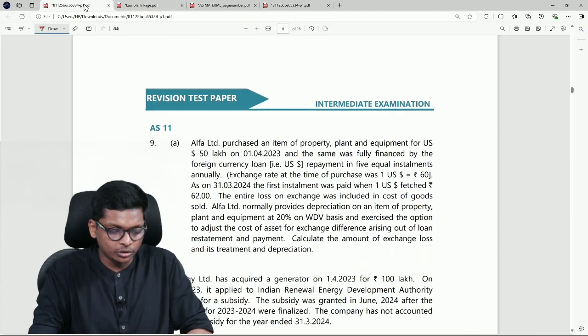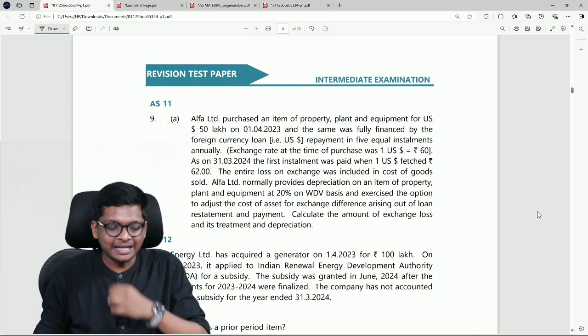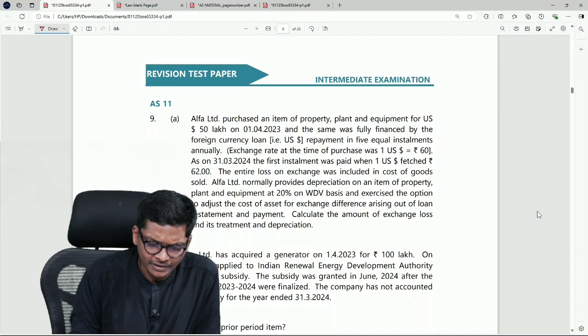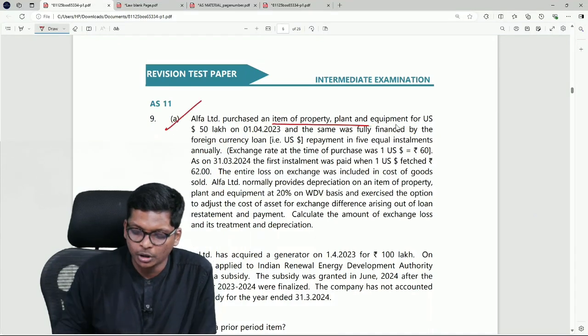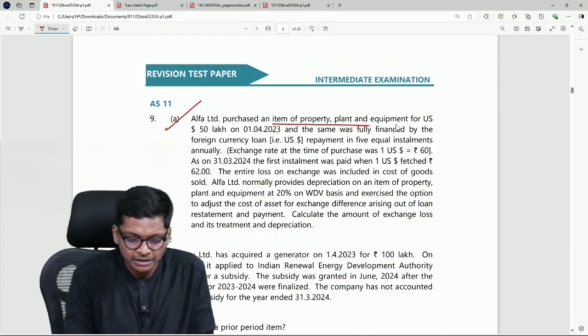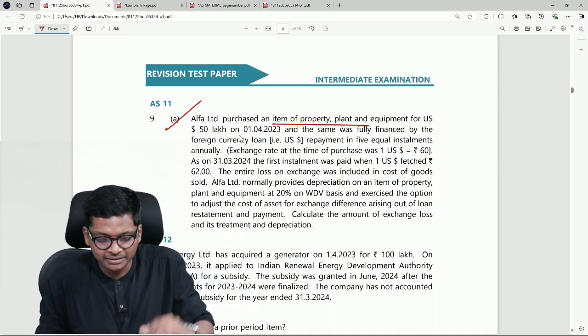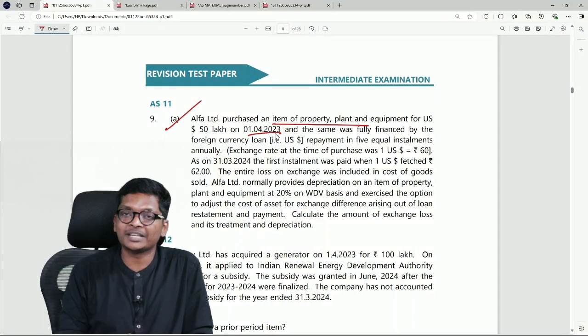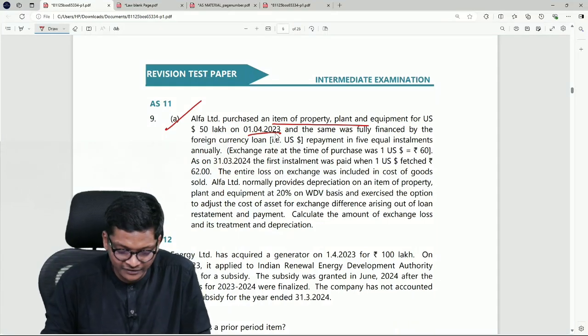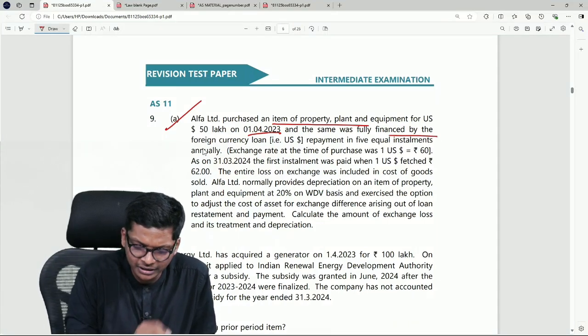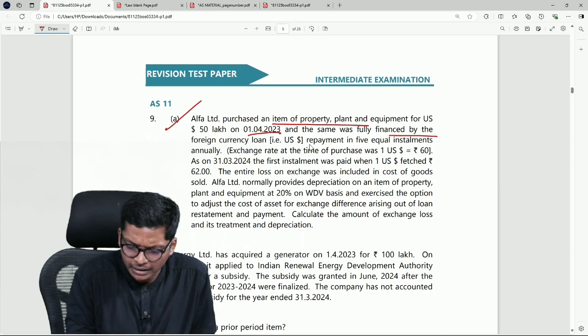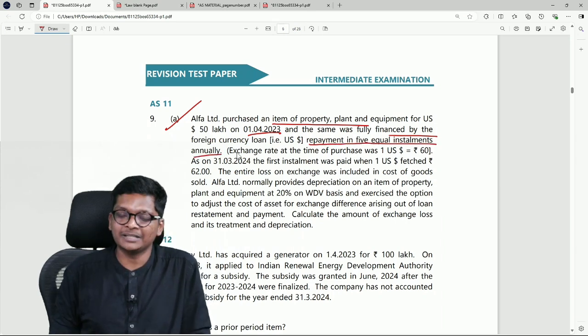With this background, let's do question number 9. AS11. Alpha Limited purchased an item of PPE for US $50 lakh on 1st April 2023. The same was fully financed by a foreign currency loan, repayment in 5 equal annual installments.